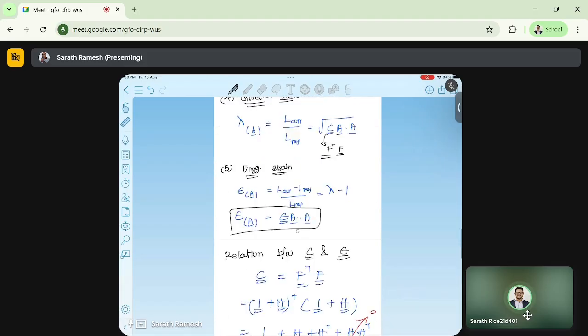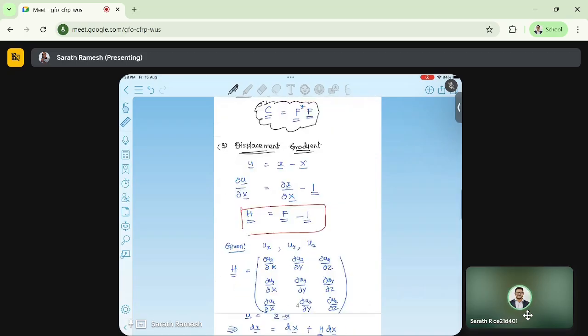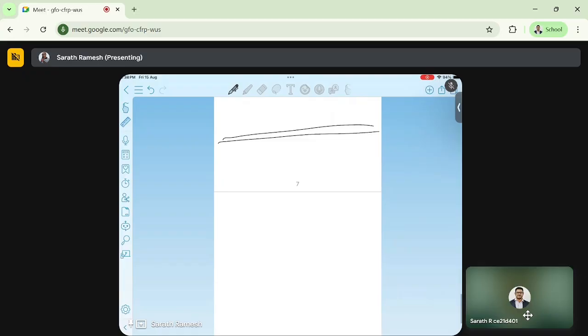These formulas are required in order to solve the problems. Right? Let's begin solving the problem. Let me write the question. So the first problem, number 1 for today. Suppose a deformation field is given.